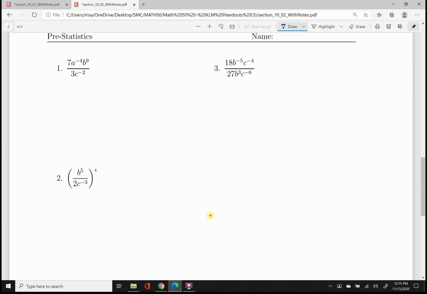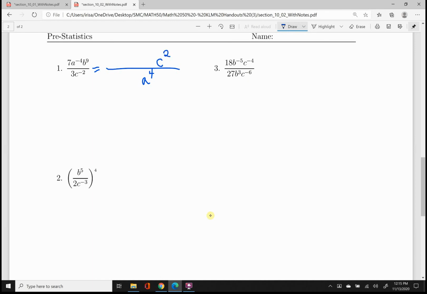So I would evaluate these negative exponents. Remember, we're just going to have them switch places, basically. The a to the negative 4th power in the numerator is going to go down to the denominator without its negative exponent, and the c is going to come up to the top without its negative exponent.